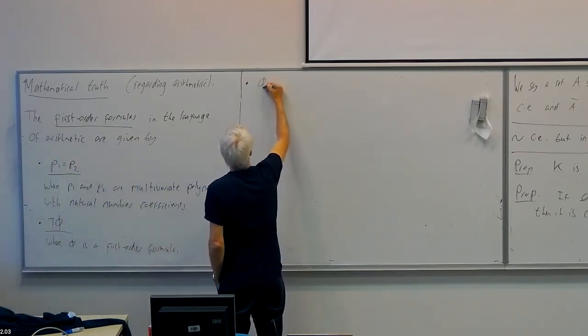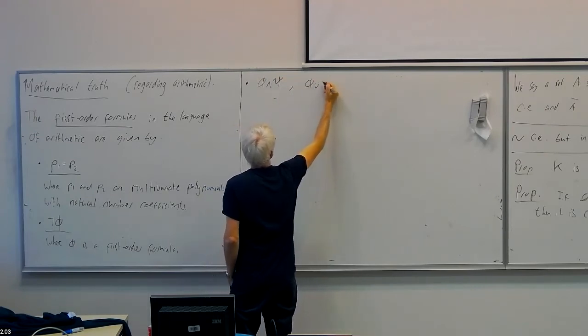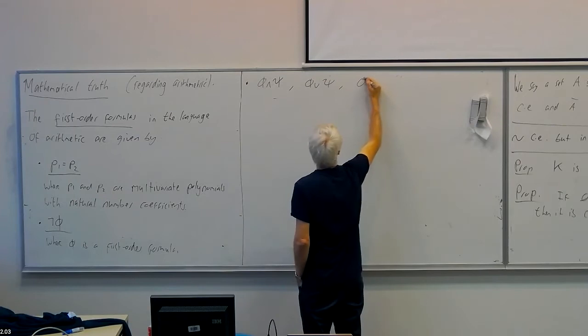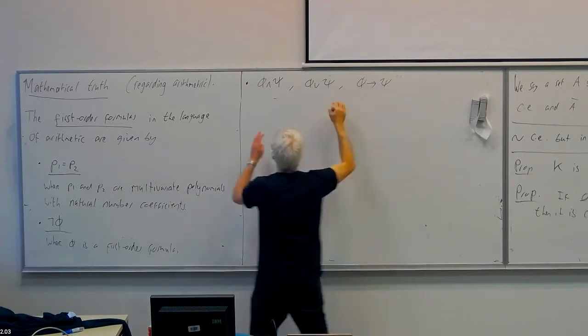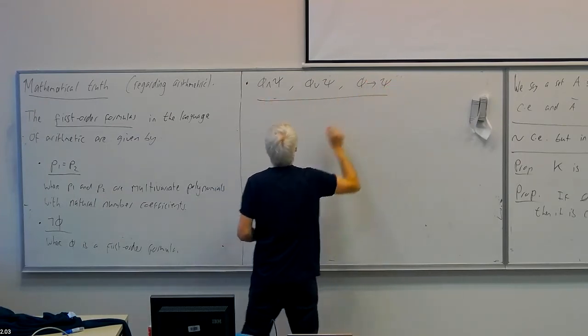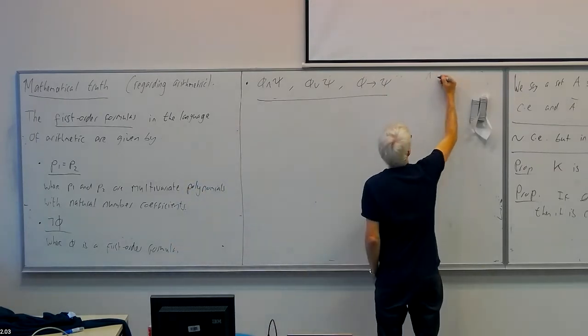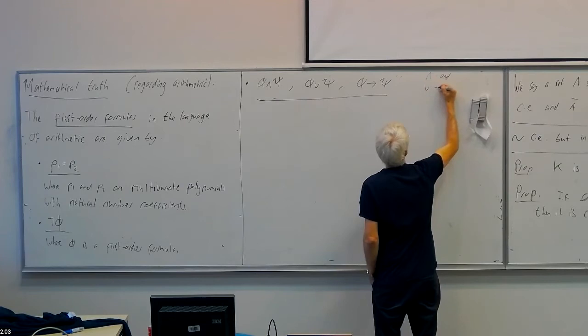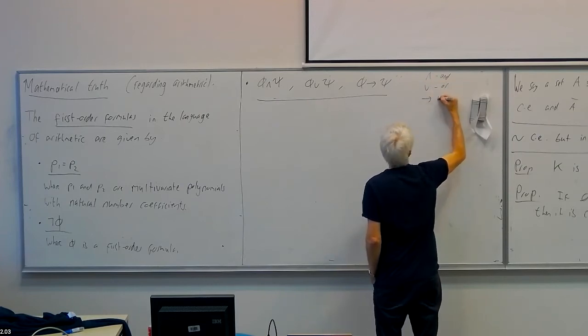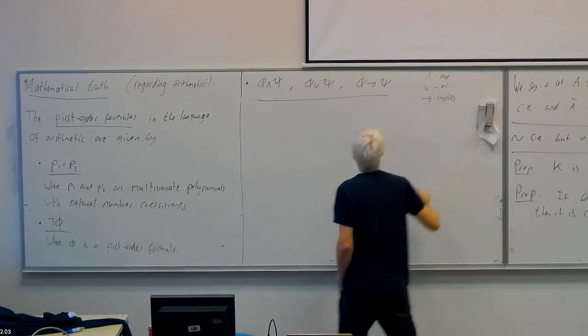We'll also give ourselves conjunction, disjunction, implication. So these are three different things. So this is and, or, this is implies. Phi implies psi.